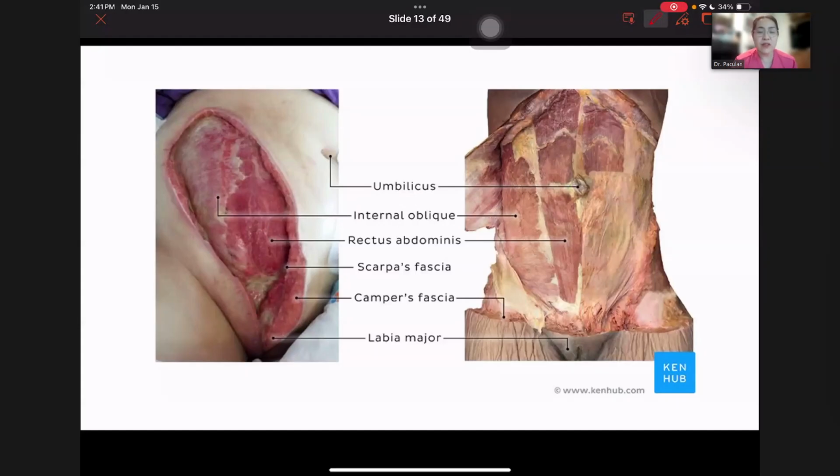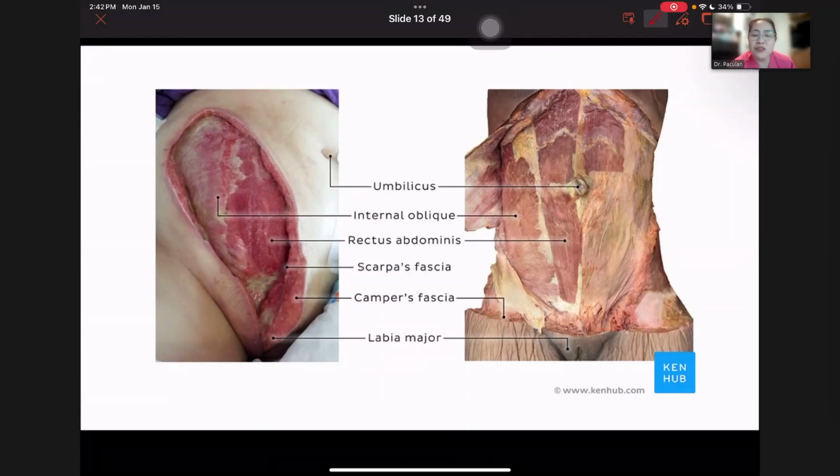So you have your external oblique, your internal oblique, and your transversus abdominis muscle. And then you have a rectus sheath enclosing your rectus abdominis muscle.